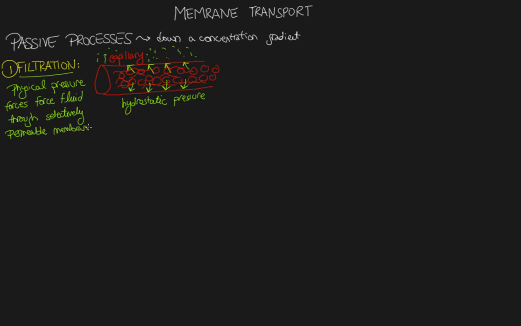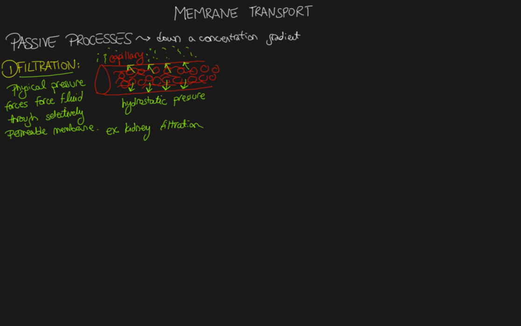And then an example of that would be kidney filtration. And that is how our blood is filtered in the kidney in order to get rid of the waste and any excess substances to be sent out as urine.